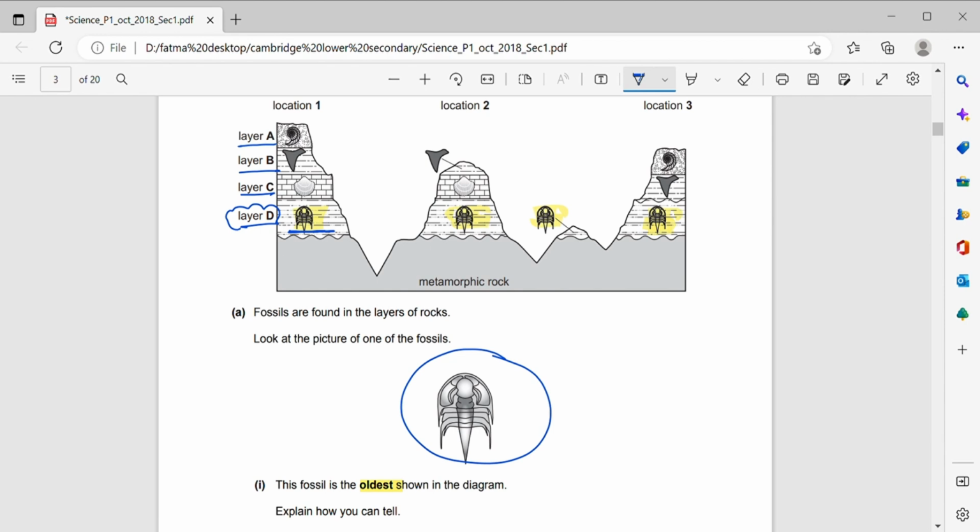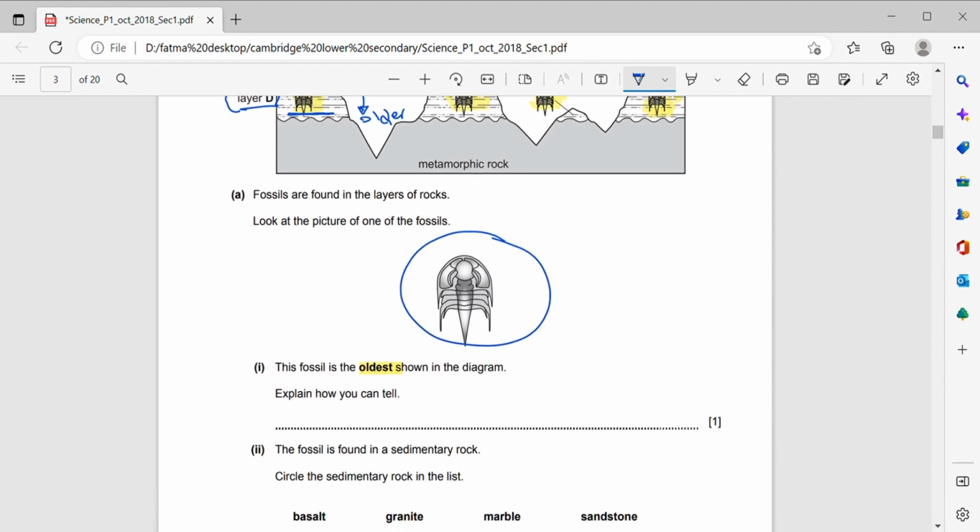So as we go deep, this means it's older. So the answer is it is found in the bottom layer.